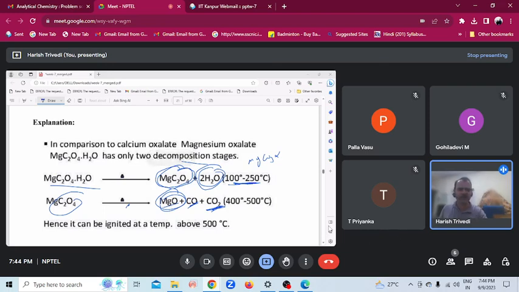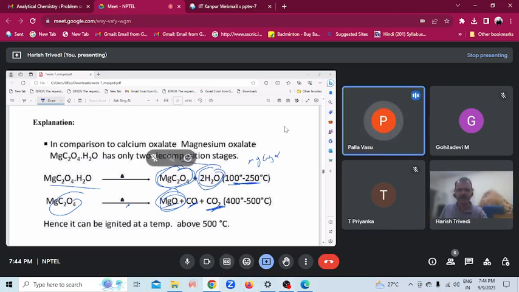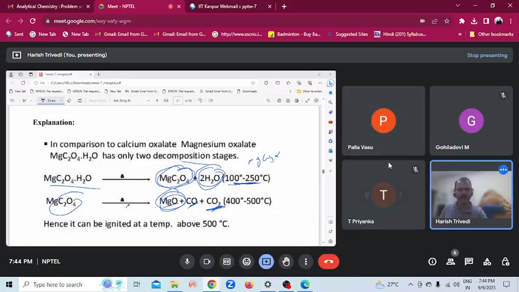Pala Vasu, you had one doubt initially, so I have explained all. Is this clear or shall I explain once more? Yes, okay, just a minute.